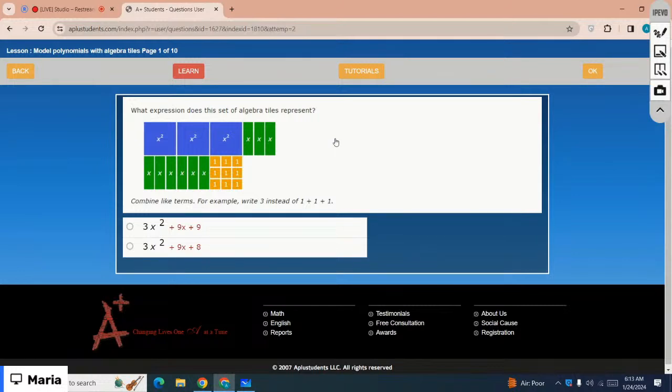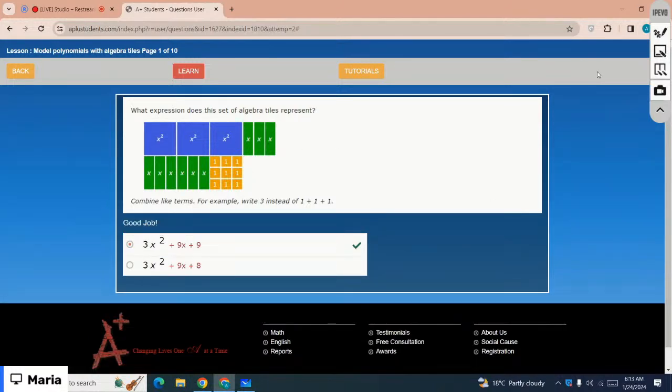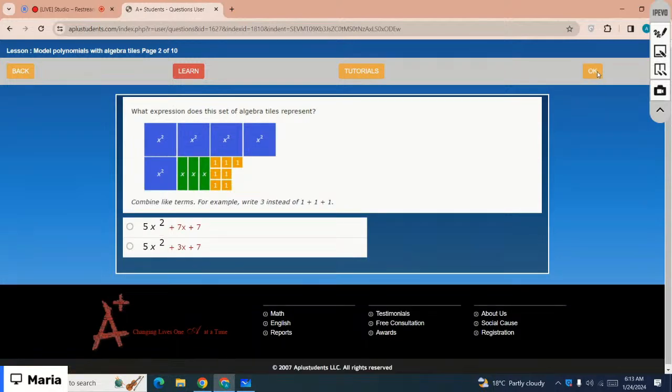The correct option is 3x square plus 9x plus 9. Option number 1 is the correct option. Got it? Okay, the next one: what expression does the set of algebra tiles represent? So which is the correct option?